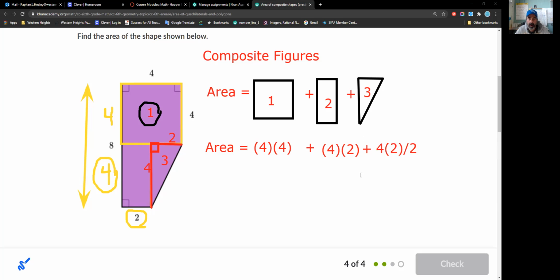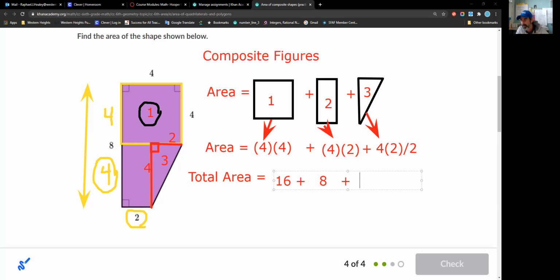All right, let's add up our answers, okay? So the total area is equal to the different shapes. Just to be sure what we're doing, I'm just going to put arrows. This one goes to this one, that one goes to that one, and that one goes to that one. Pretty straightforward, right, guys? So 4 times 4 is 16. And then 4 times 2 is 8.